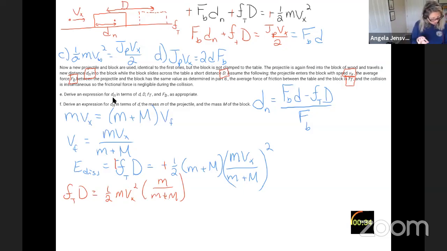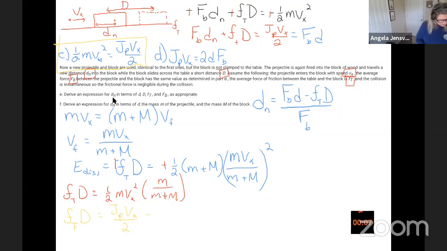Okay, but we know that 1/2 mvx squared is jpvx over 2 from the front side. Let me go up to the top and I'll highlight it for you. Remember, it was from here in part C. So we're going to substitute that. FTD is equal to jpvx over 2.